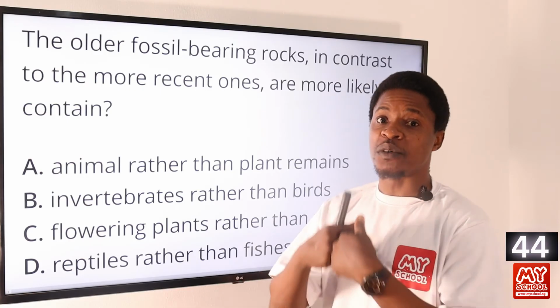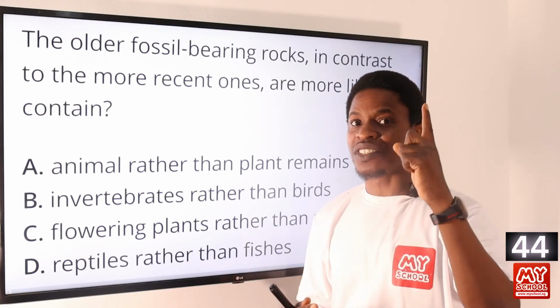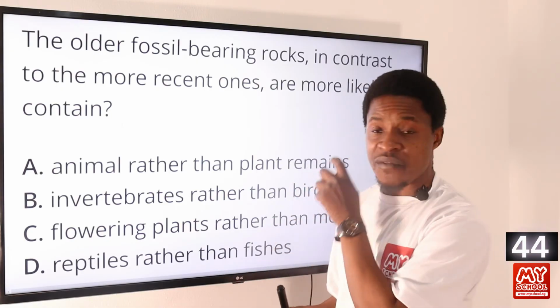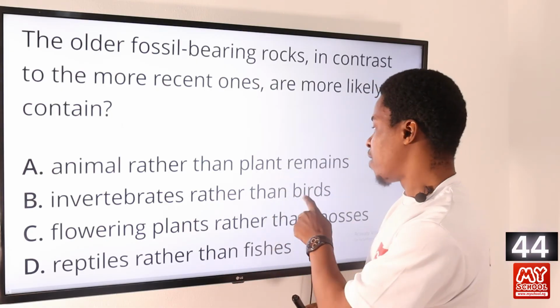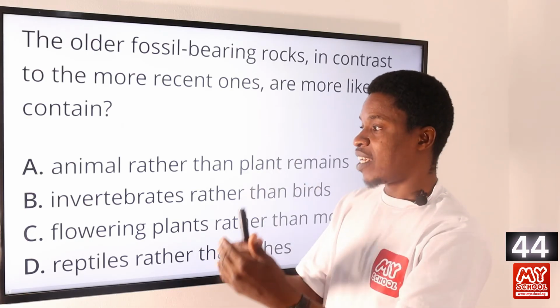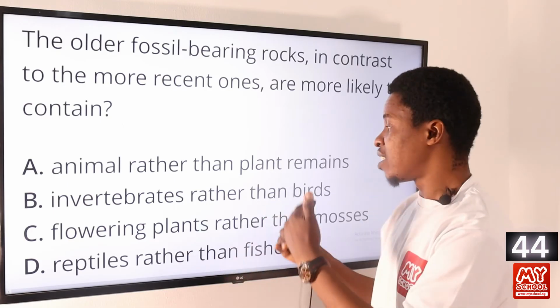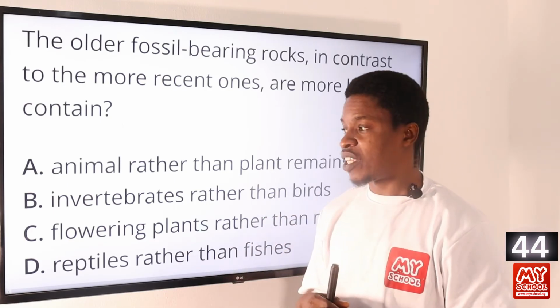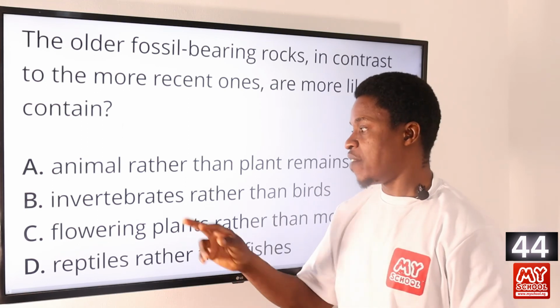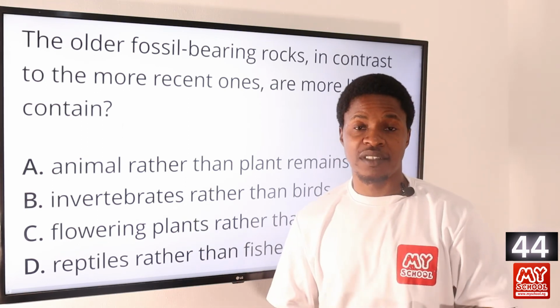So we have more vertebrates now, but the older ones, in the case of evolution, have the invertebrates rather than vertebrates, because the birds are actually vertebrates. They have bones in them, so it is like we have more invertebrates than the vertebrates. So option B is the correct answer, invertebrates rather than birds.